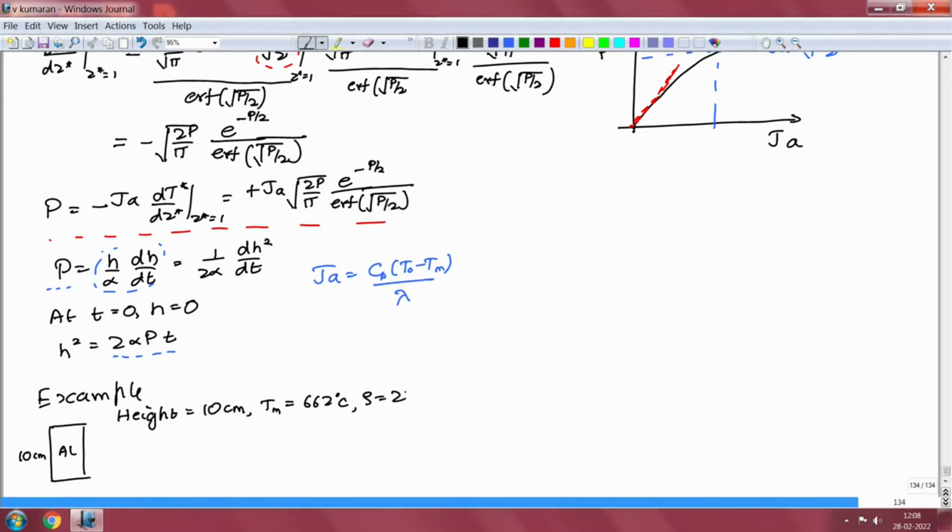Rho is equal to 2700 kg per meter cubed. Cp is equal to 900 joules per kg per degree centigrade. The thermal conductivity K is equal to 220 watts per meter per degree centigrade, and the latent heat is 4 into 10 power 5 joules per kg.